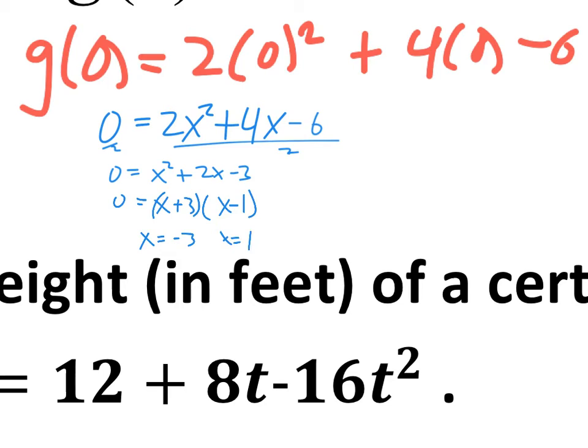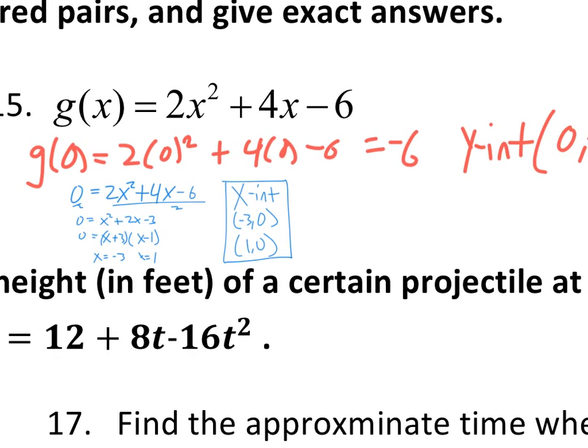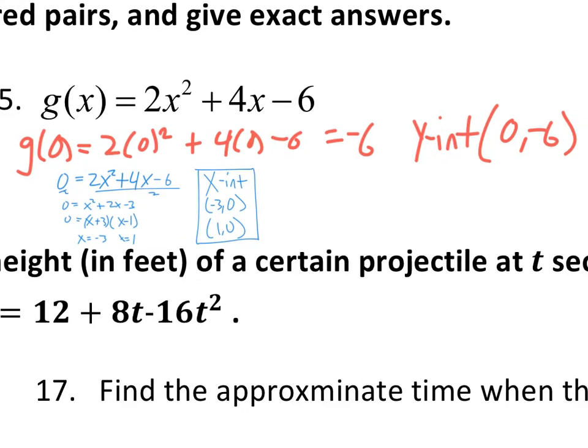So we have our x-intercepts at negative 3, 0 and 1, 0. Two x-intercepts because this is a parabola, and our parabola can open up or down. In this case, it's opening up, and it's going to have one y-intercept and two x-intercepts.